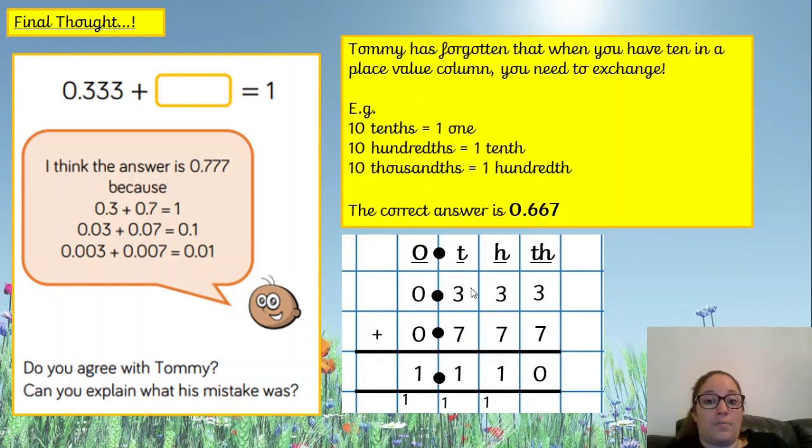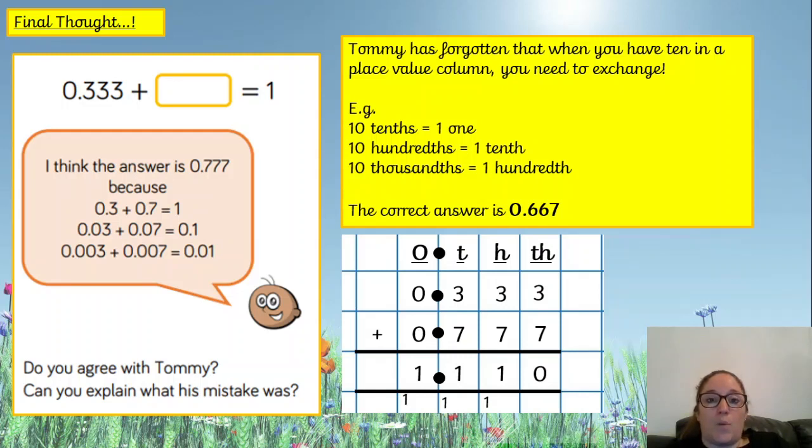Then again, 3 add 7 is 10, plus this 1 is 11. 0 add 0 is 0, plus this 1. So if we add 0.777 to 0.333, we actually get 1.110. Whereas in actual fact, if we had 0.667, it would equal 1 whole.